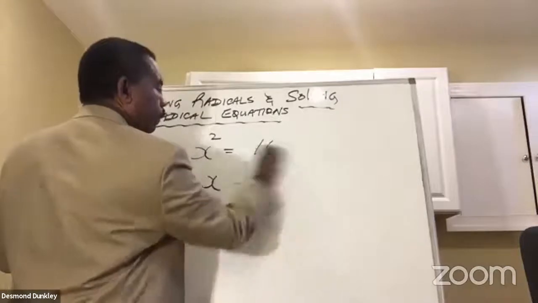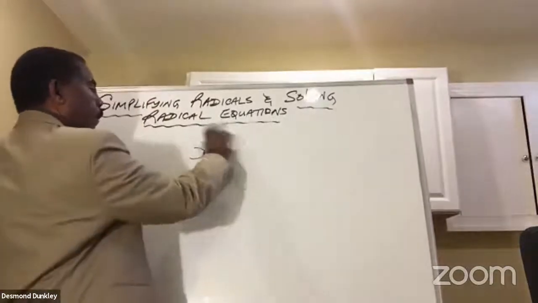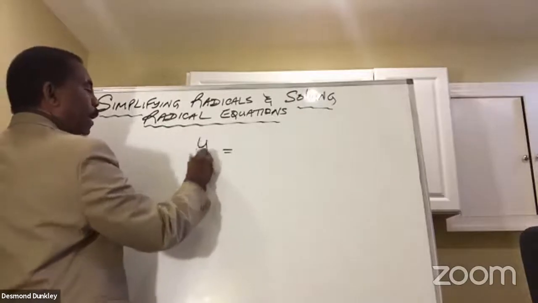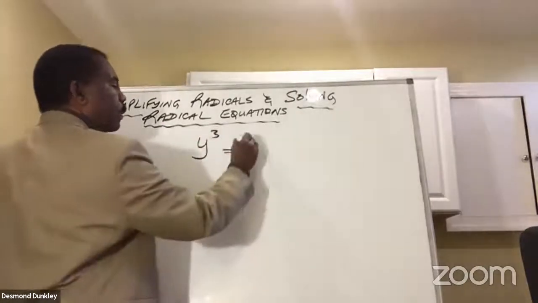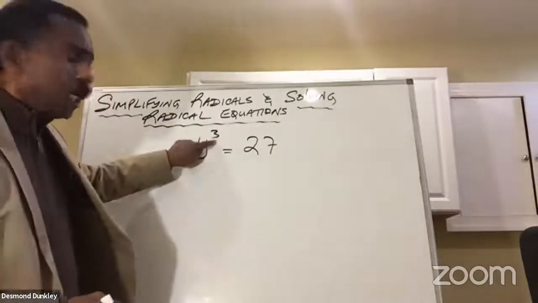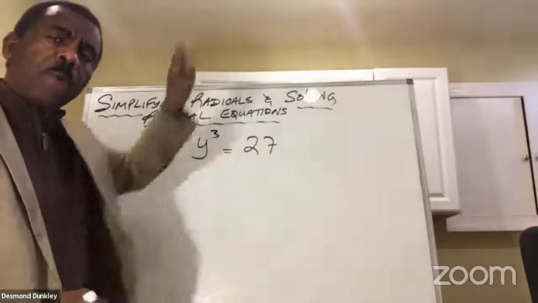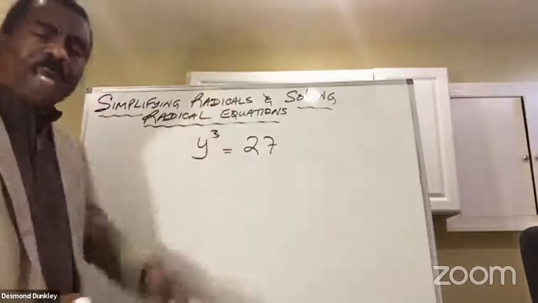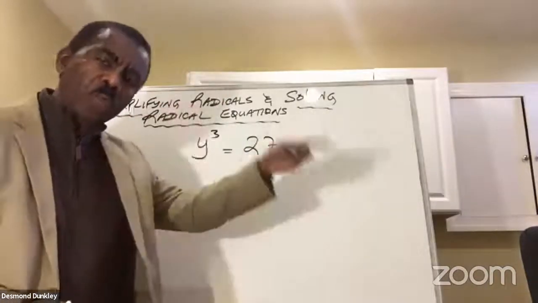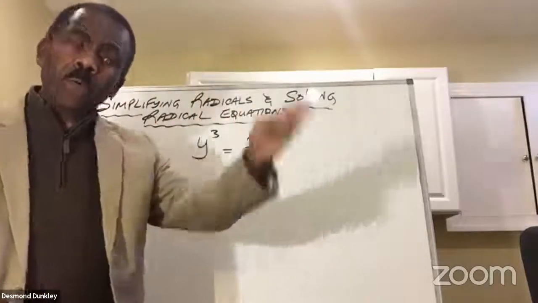However, if I gave you y³ = 27, in order to get rid of the cube, y to the power 3, we have to find what is called the cube root. Remember, we had the square root, now it's the cube root.